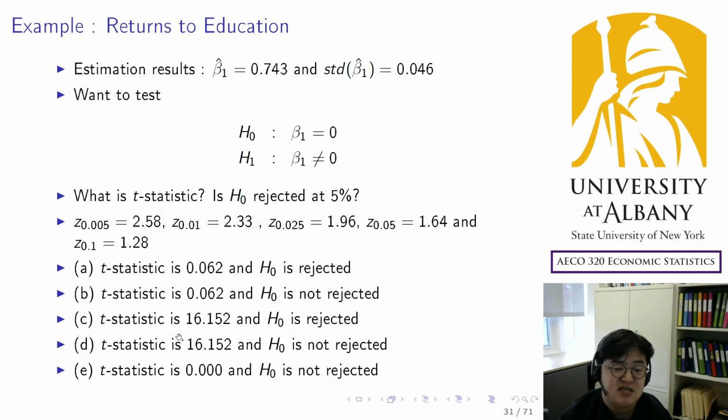This t-statistic is compared with plus or minus 1.96 because the significance level is 5%. It is obvious that 16 is much greater than plus or minus 1.96, so it is far outside the acceptance region. So you are going to reject the null hypothesis.